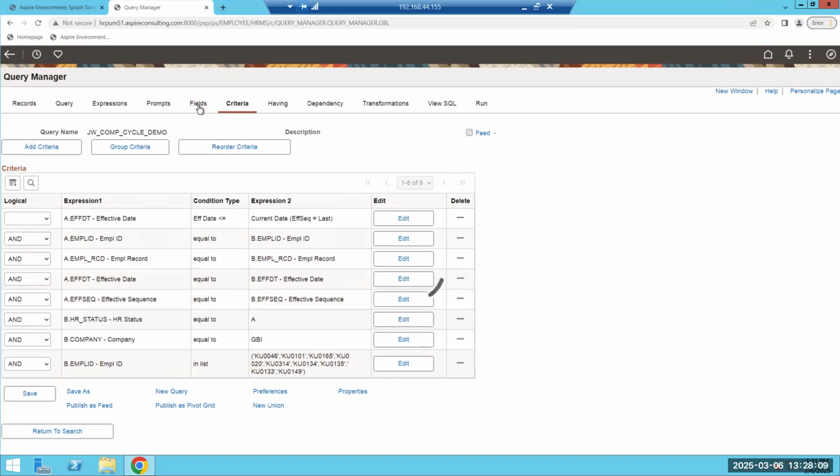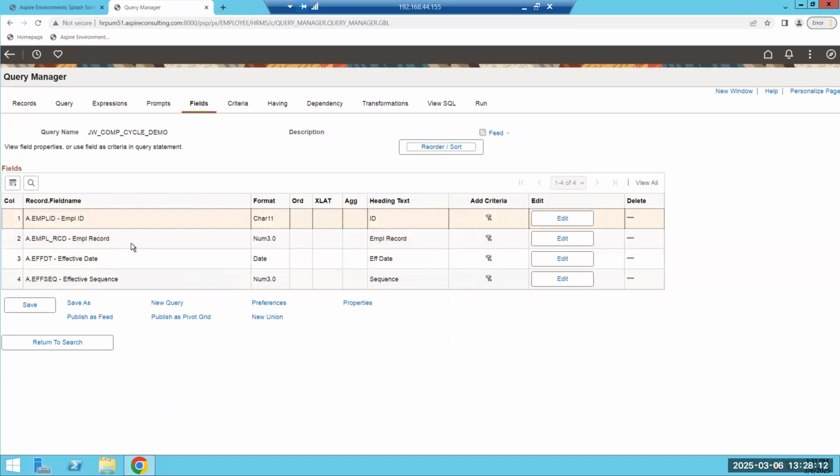The other thing to be aware of is that your query can only return these 4 fields. And they have to be from that A record, from that special record.